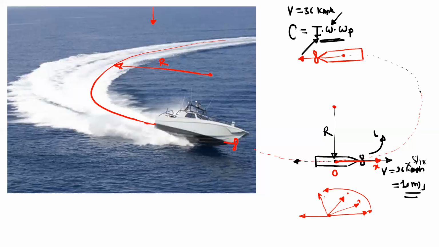After half cycle or half rotation, the axis of spin will change direction by 180 degrees. And again, after the remaining half cycle, the axis of spin will get aligned with the initial vector.